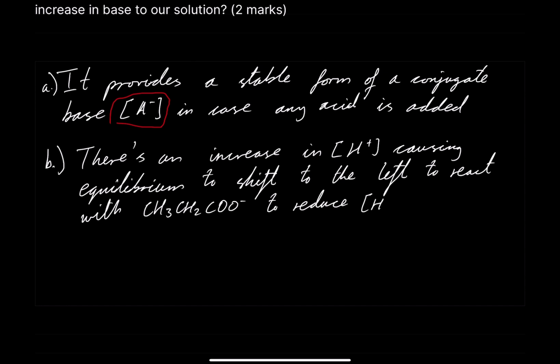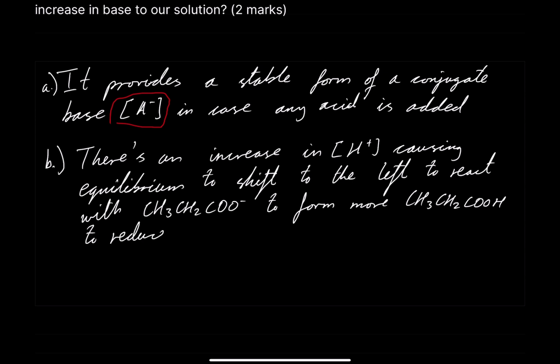Don't write this as I'm doing it because I might make a couple of mistakes. I'll write it when I've fully completed my answer. So to react with propanoate ions to form more propanoic acid, to reduce the H plus concentration.